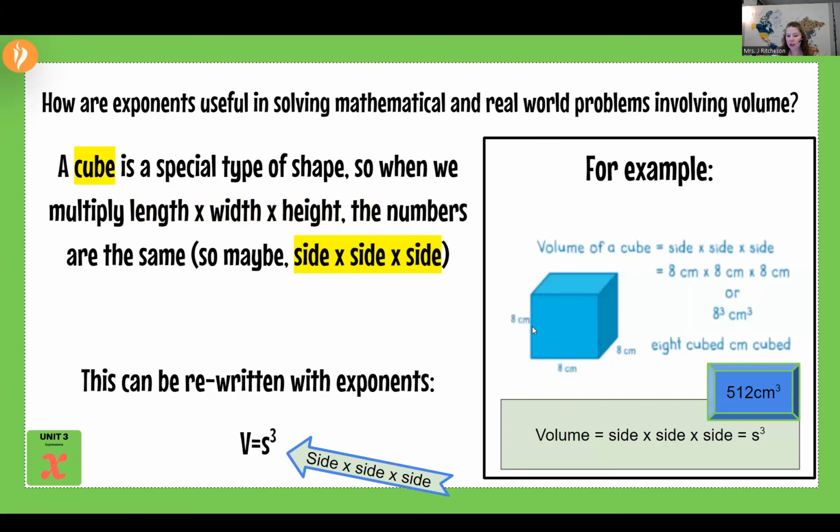All right, if you have a cube, each side is 8 centimeters, and I asked you, what is the volume of the cube? You are going to say, what is 8 times 8 times 8? In other words, 8 cubed, and you would get 512.